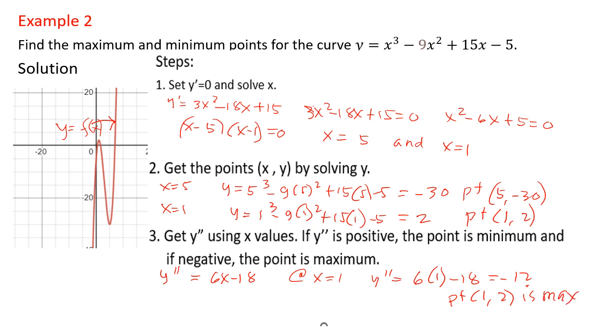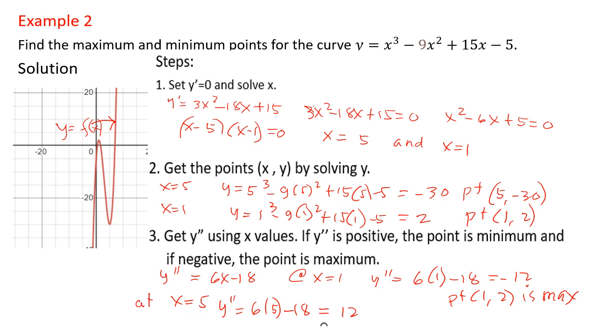The other one, at x equals 5, y double prime equals 6 times 5 minus 18 equals 12.